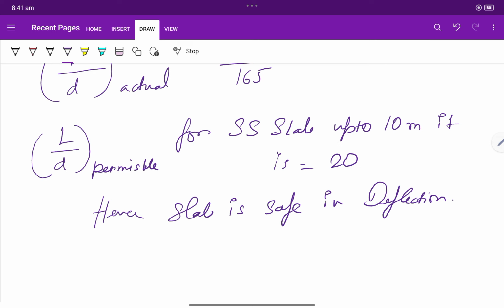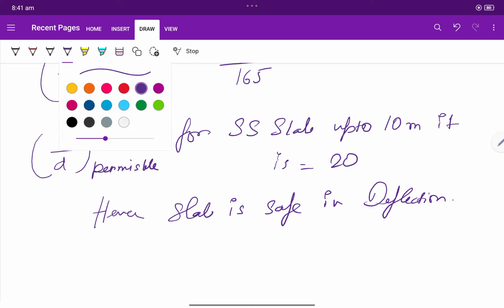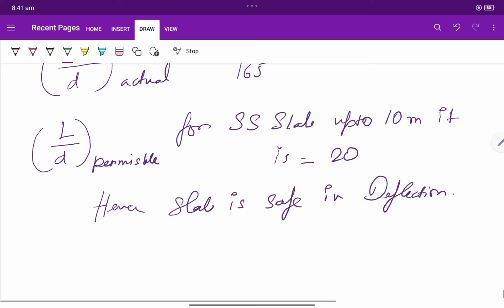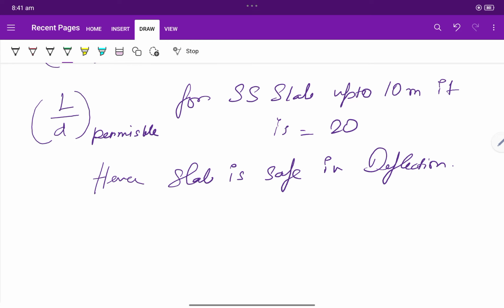One thing we can check that we have previously missed, that is for shear. So now we will check for the shear. Step 11.